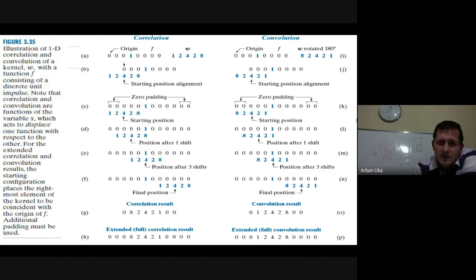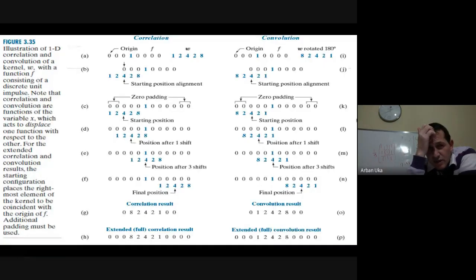Now here we also observe a very interesting result. Here we have the convolution and the correlation. When we use the correlation, the result is the inverse of the kernel.